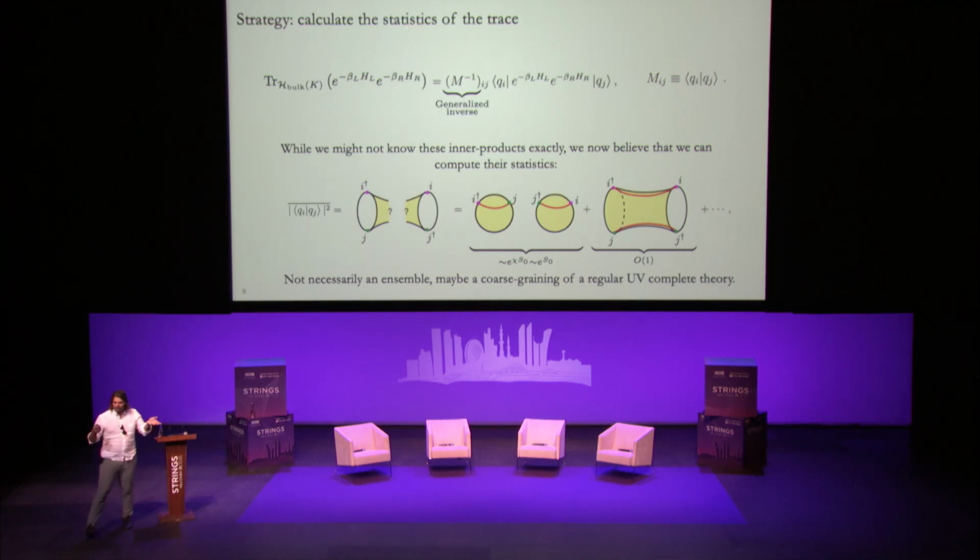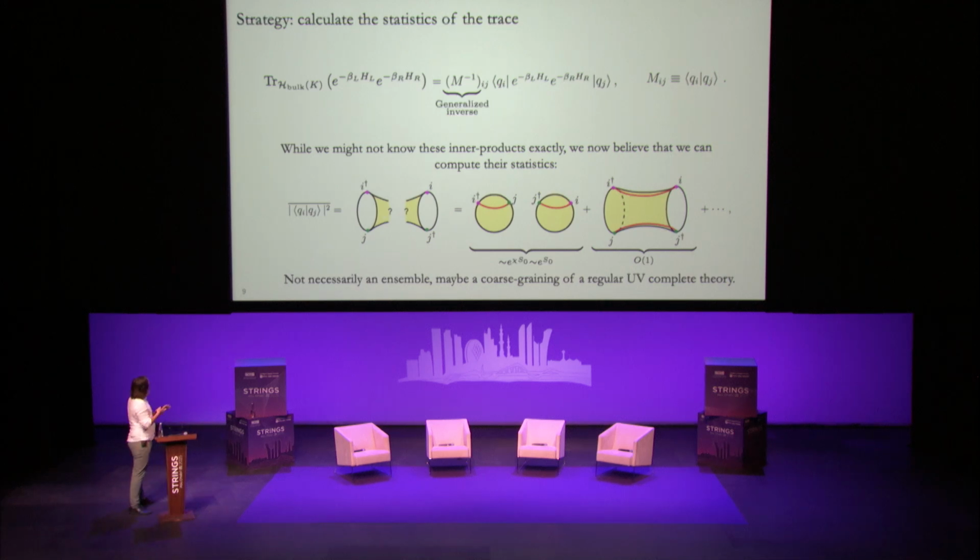Namely, for any set of states qi whose span gives h bulk, this is the formula for the trace, where this M is the Gram matrix, the matrix of overlaps between these states qi, and this is a generalized inverse. So this is the unique formula for the trace in the two-sided Hilbert space.